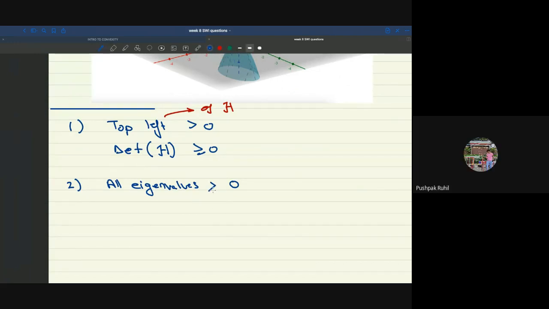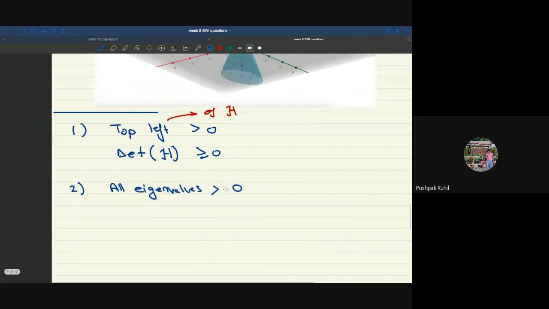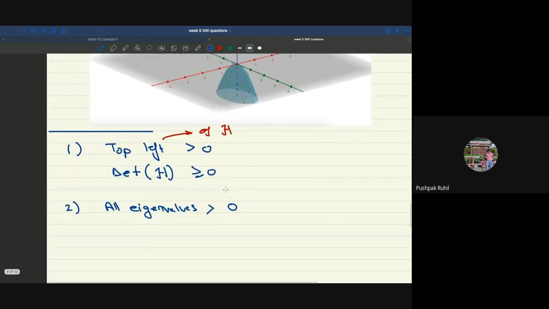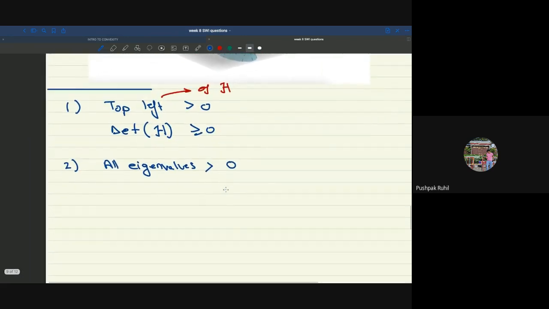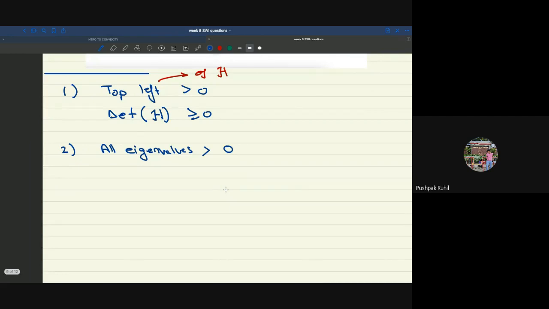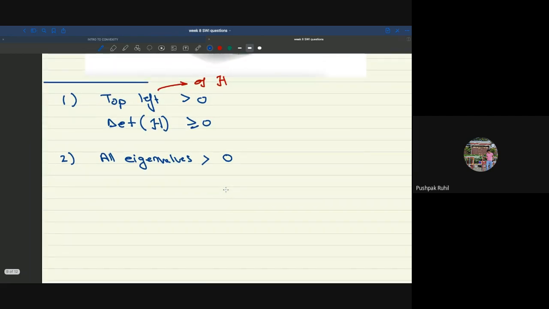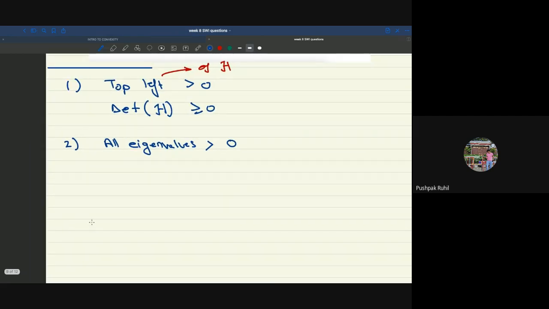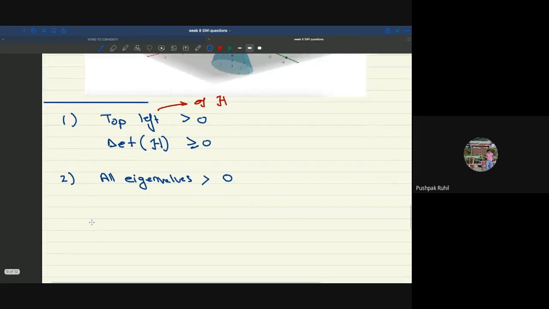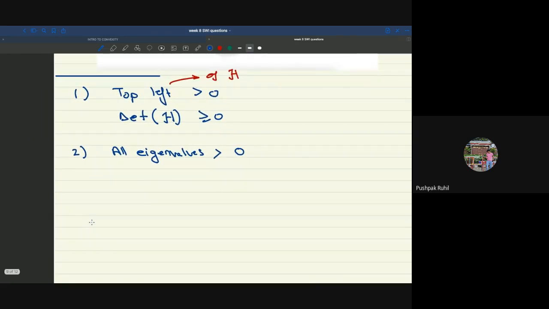The second test is that all eigenvalues need to be more than 0. So these are two tests that you can use to check whether a function is convex or not. There is one more test, but again, I'm not very sure of that particular test, so I'm not going to mention it right now. It's something like all pivot elements need to be more than 0, so that can also be used.